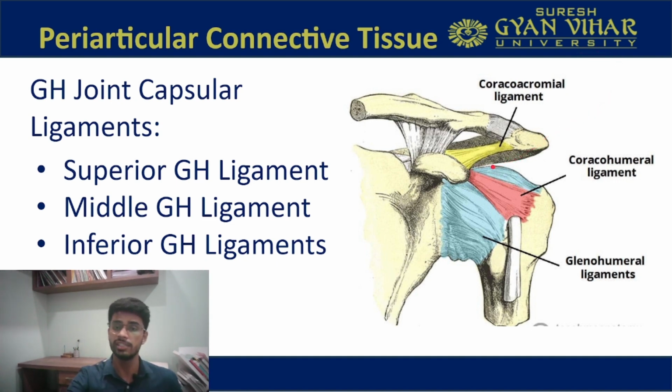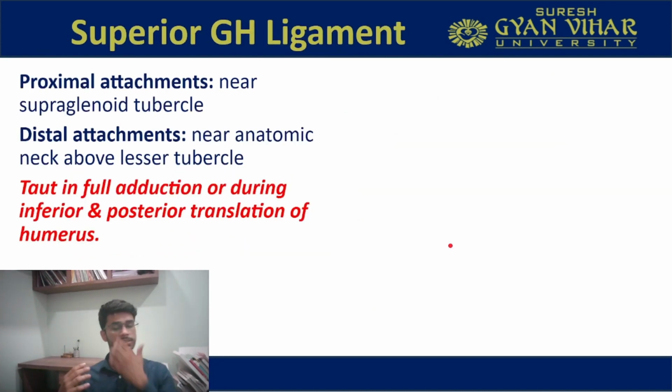If you see this image, this ligament comes from the anterior rim of the glenoid cavity and attaches here at the lesser tubercle and the anatomical neck. This is the superior part, this is the middle part, and the last part is the inferior glenohumeral ligament. Now let's study all these ligaments in depth.